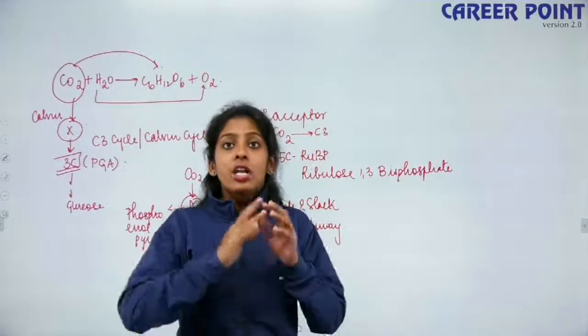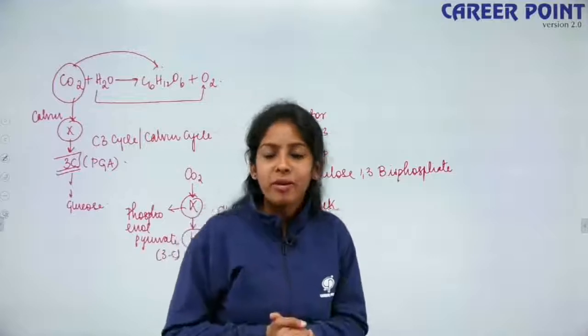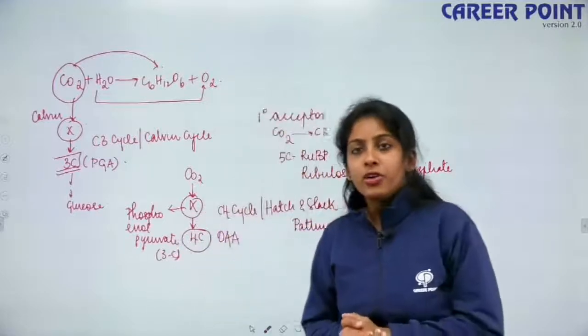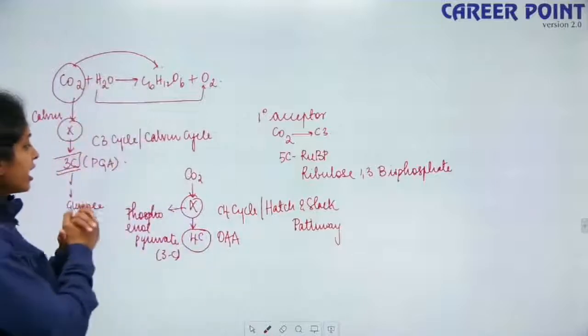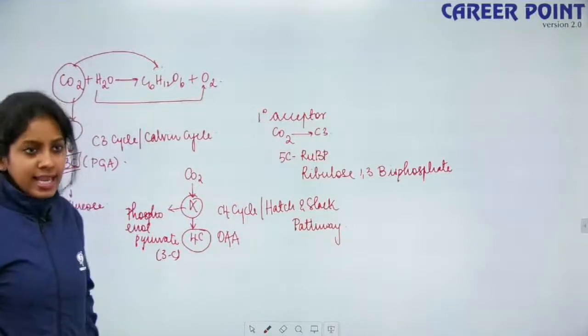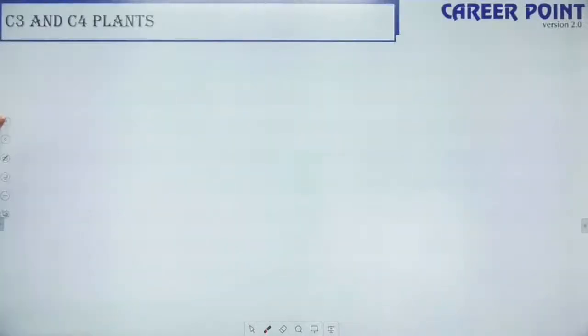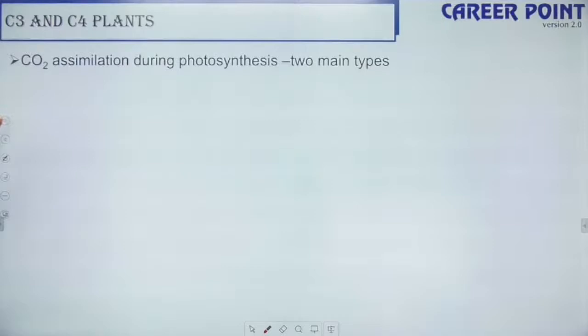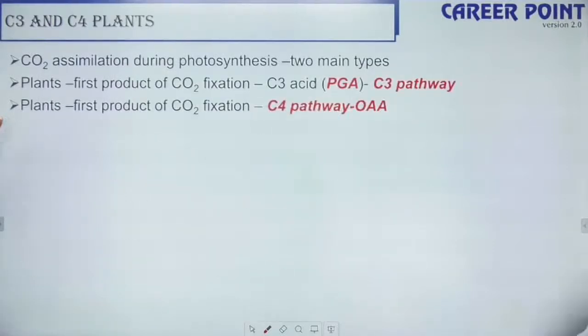Oxaloacetic acid. Who accepts the carbon in both cases? In the C3 cycle, the primary acceptor is RuBP, ribulose bisphosphate. In the C4 plant, it is phosphoenol pyruvate. So these are the acceptors. You'll understand when we actually go into the process. So carbon dioxide assimilation is of two types, C3 and C4.